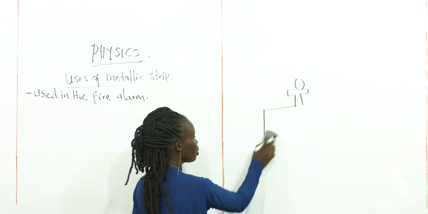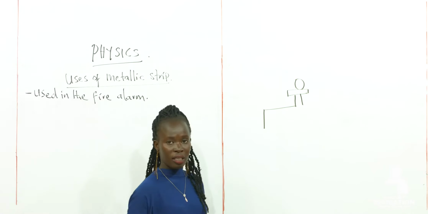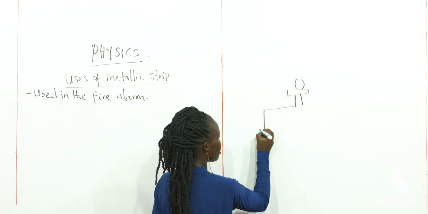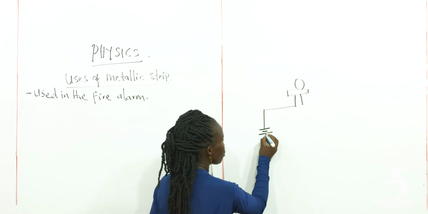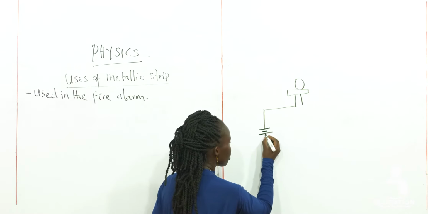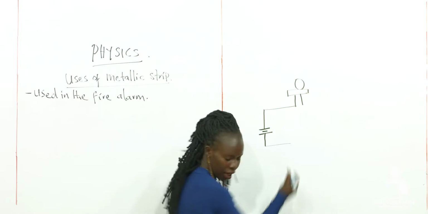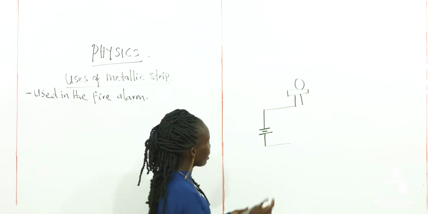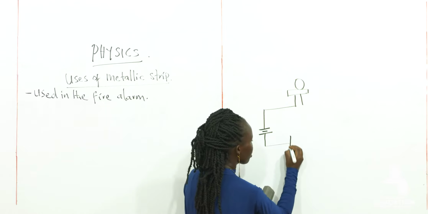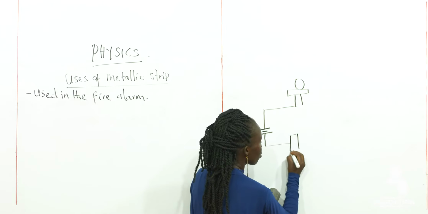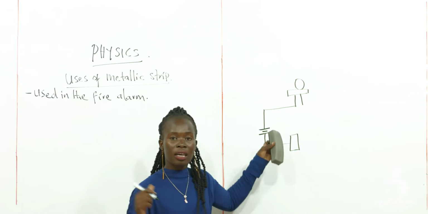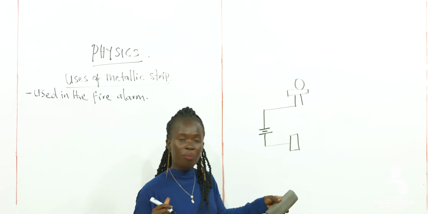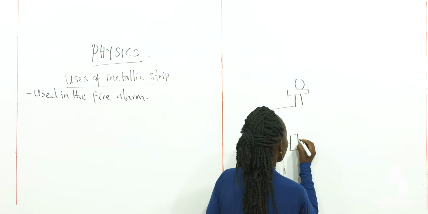We need the batteries, because in a circuit, of course, we shall need the batteries. So this battery comes and then it's connected to what? We shall have our bimetallic strip connected to the circuit. Connecting this metallic strip to the circuit actually makes the circuit complete.